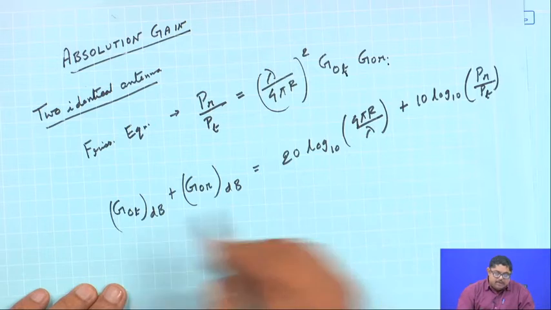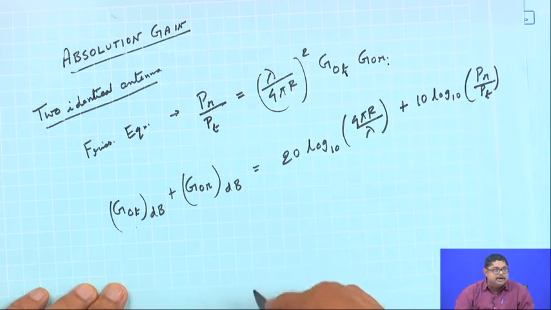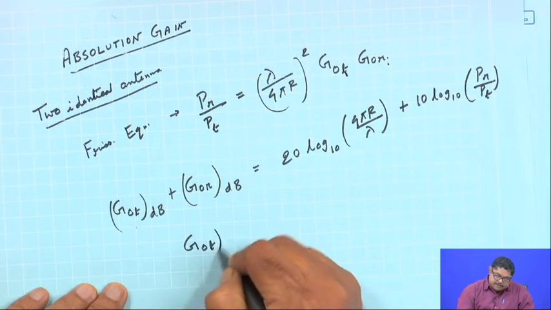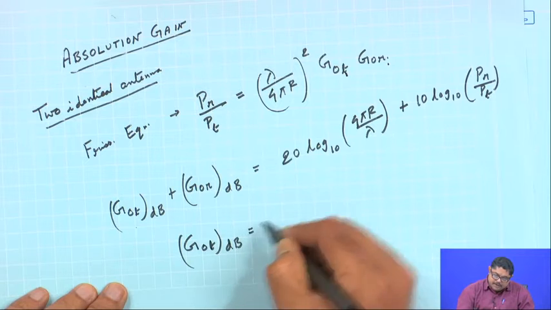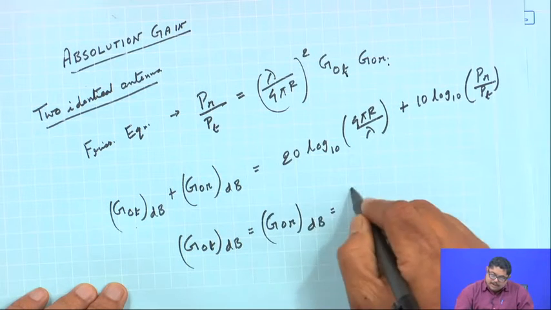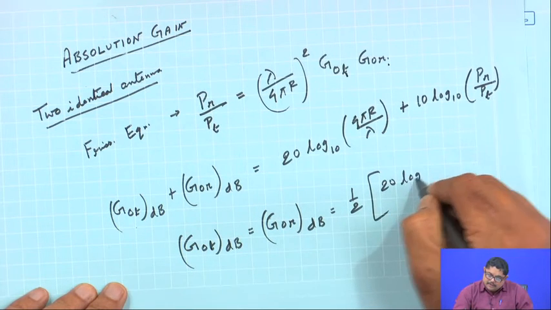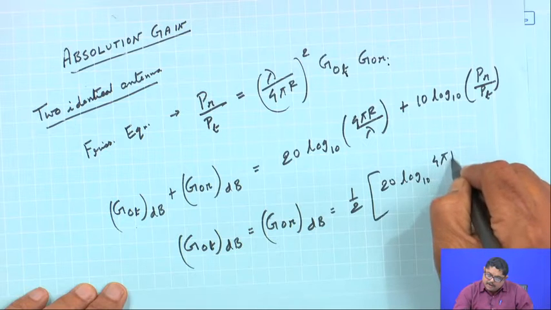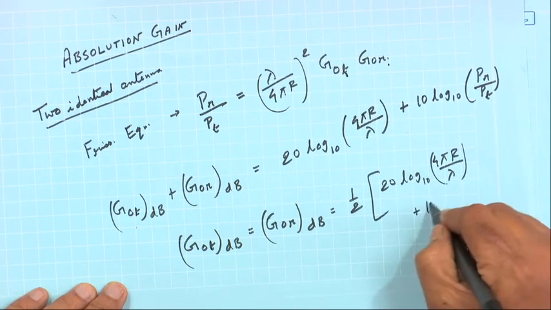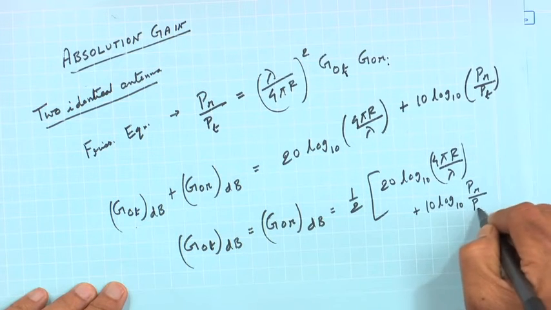Now, if there are two identical antennas, my G0T and G0R are the same. So, I will have G0T dB equal to G0R dB is equal to half of this: 20 log 10 (4 pi r by lambda) plus 10 log 10 (PR by PT).